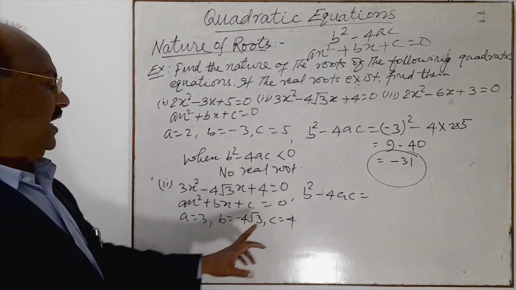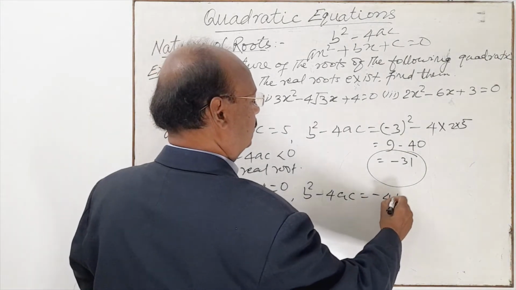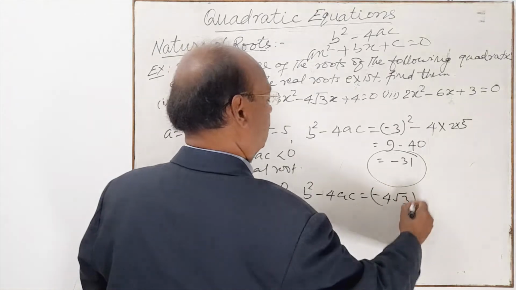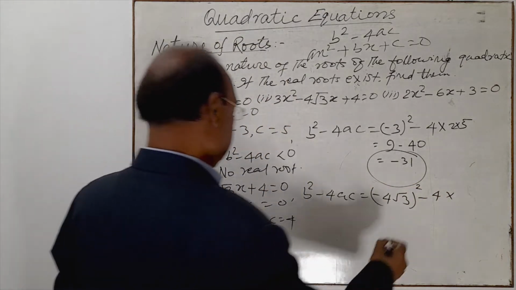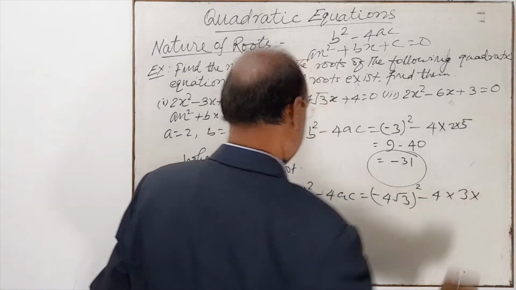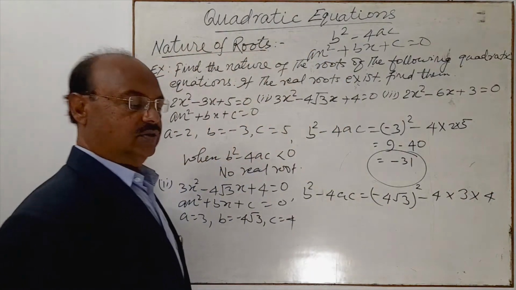So b square means minus 4 root 3 whole square minus 4 into a is 3 and c is 4. Correct? So evaluate it.